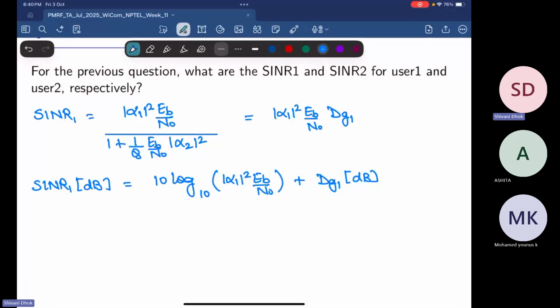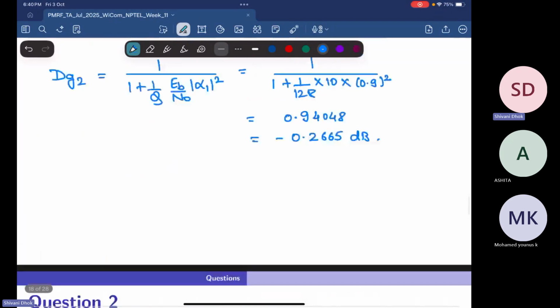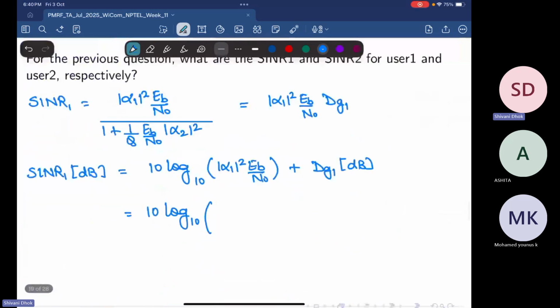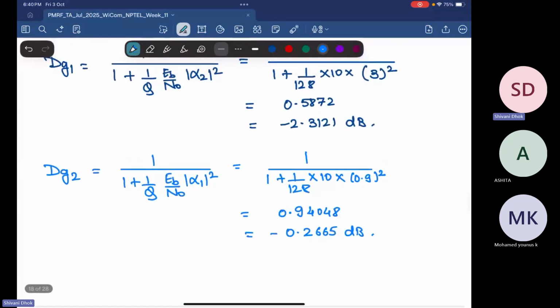So this is equal to 10 times log of, your magnitude of alpha 1 is 0.9, so this is 0.9 square, and your EB by N naught was 10, plus you have your Dg1. The Dg1 we have found out as minus 2.3121 dB.